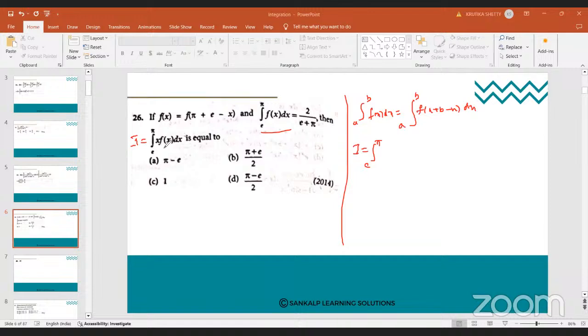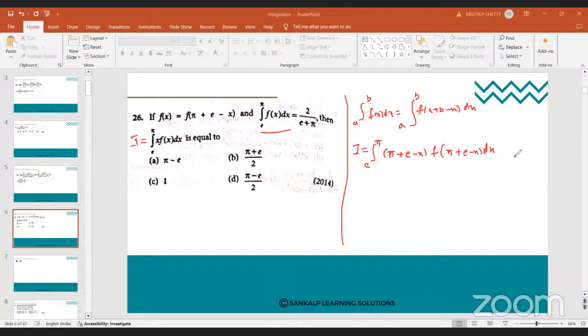Where there is x, replace it by a plus b minus x. So in place of a we have here pi, so this will be pi plus e minus x, and f of pi plus e minus x dx. So this will be the value.